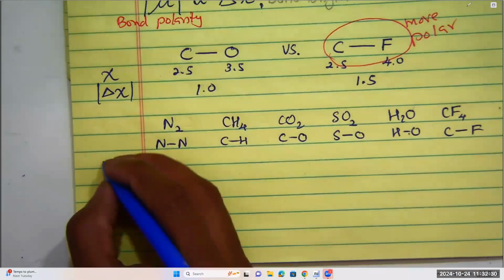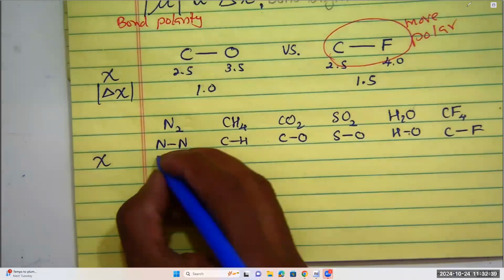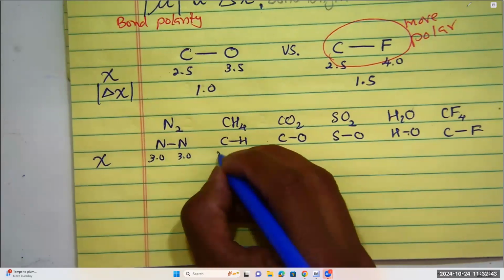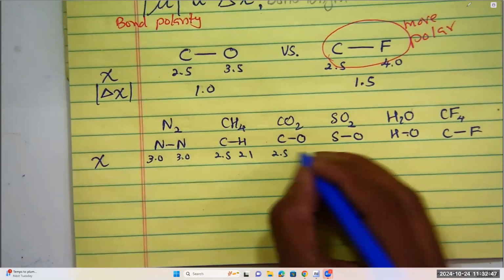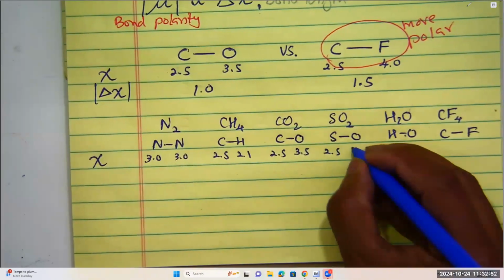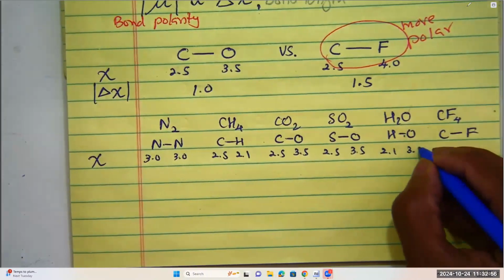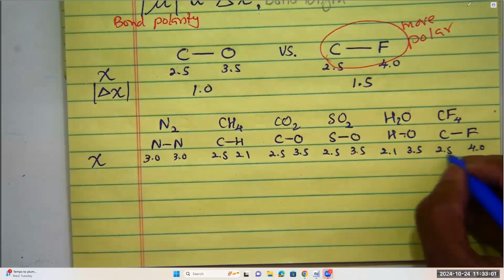Okay, and then I write the electronegativity values, or chi values. So nitrogen is, I think it's 3.0, right? Okay, it doesn't matter anyway. So nitrogen is 3.0, 3.0, carbon is 2.5, hydrogen is 2.1, carbon is 2.5, oxygen is 3.5, sulfur is 2.5, oxygen is 3.5, hydrogen is 2.1, oxygen is 3.5, and carbon is 2.5, fluorine is 4.0.